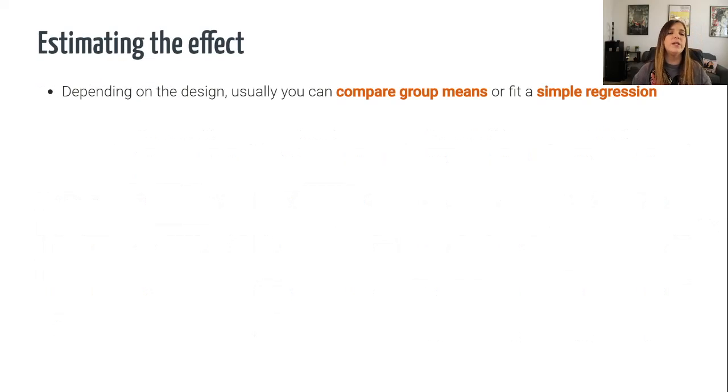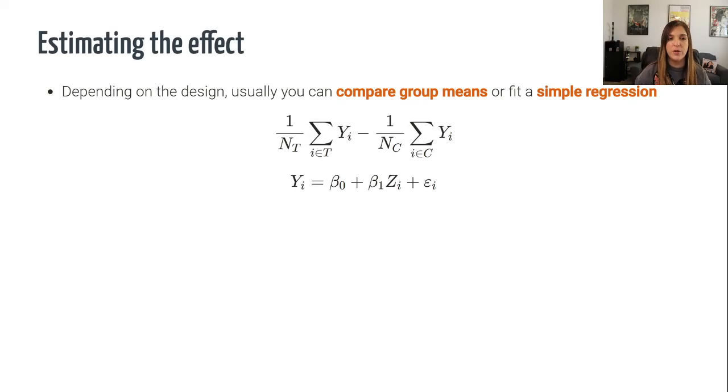Okay. So now we need to estimate the effect. Depending on the design, as I mentioned before, usually we can just compare group means or fit a simple regression. So a lot of the times, if you have a regular RCT where you randomize people without stratifying or without any other complexity in the design, you can literally just estimate the difference.